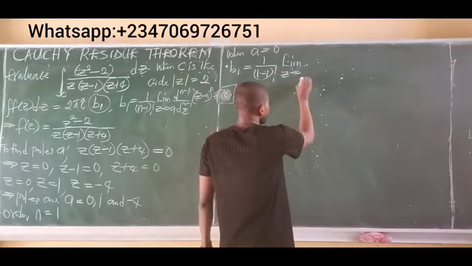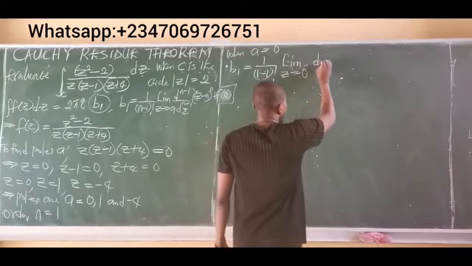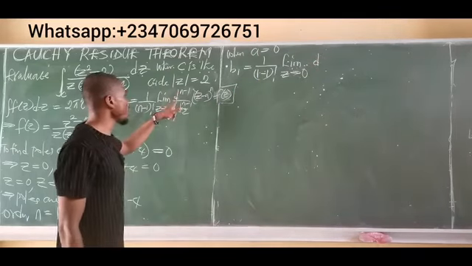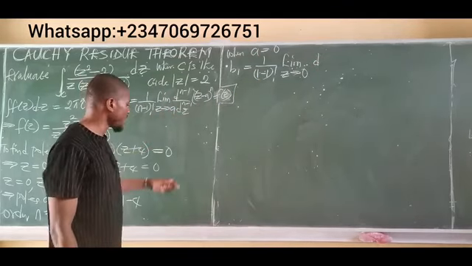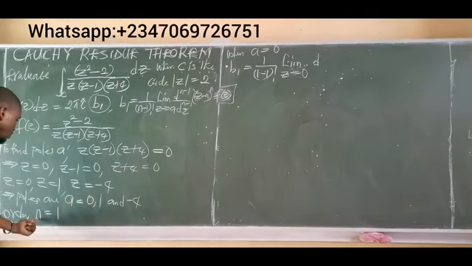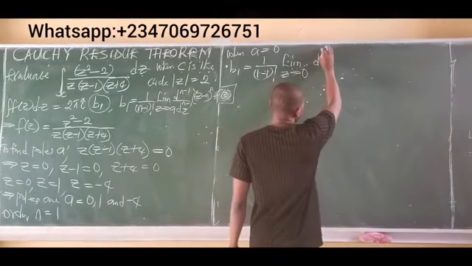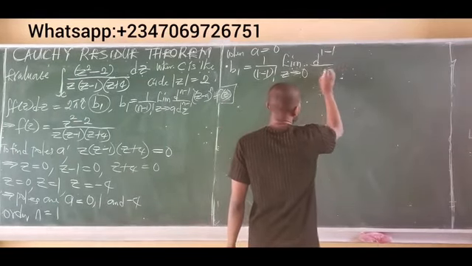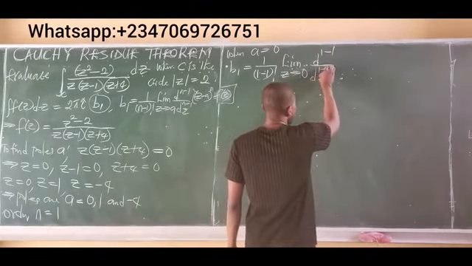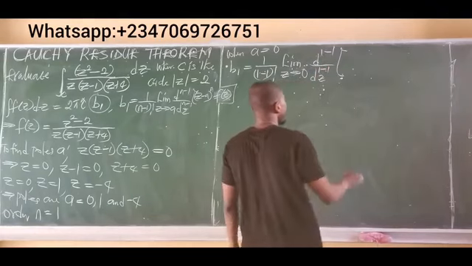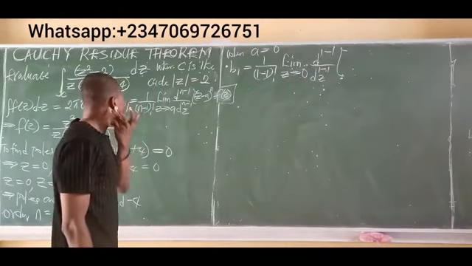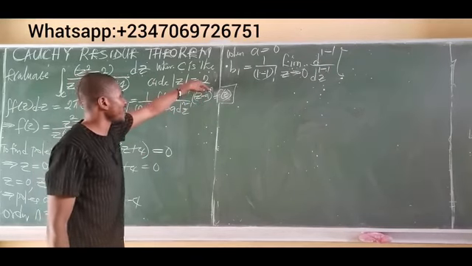So this becomes the limit as z tends to 0 of d^(n-1) over dz^(n-1). And what is n? n once again is equal to 1, which is the order.